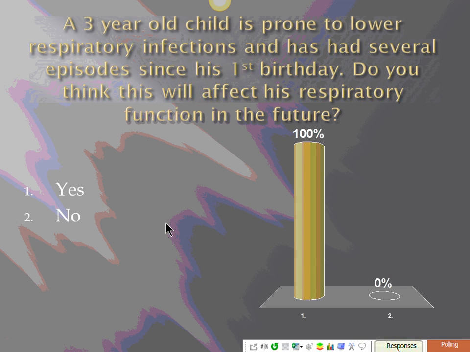Yes, excellent. And this is the reason why we are always worried about children. Whenever they even get a cold, we don't want it to become an ear infection, which you'll see later. And we don't want it to progress down because, again, you interfere with the development and then you compromise the respiratory function.